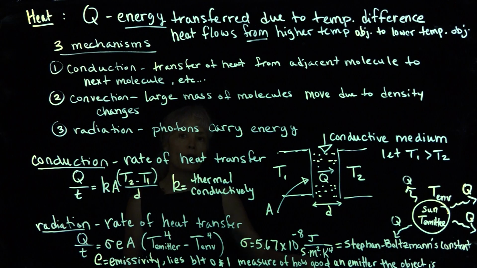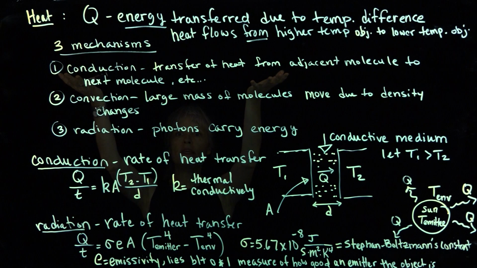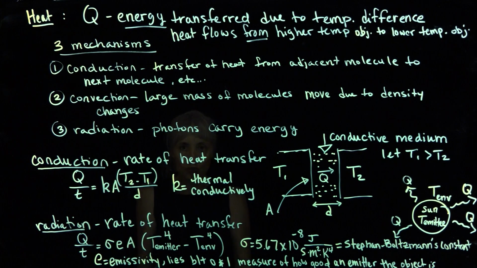As that air above the ground heats up, its density decreases, and so it rises above the higher density molecules that are cooler. Those cooler molecules now fall in next to the ground.